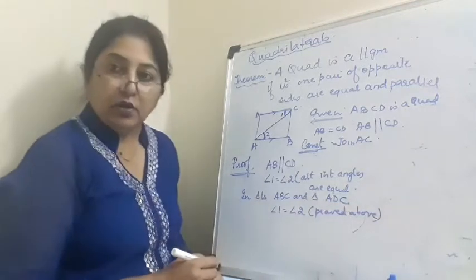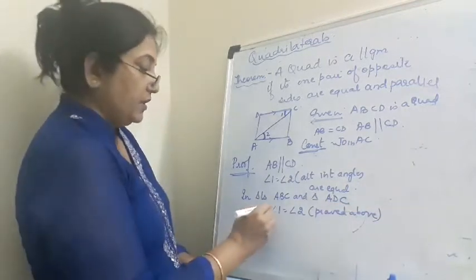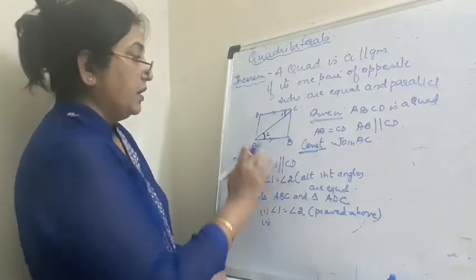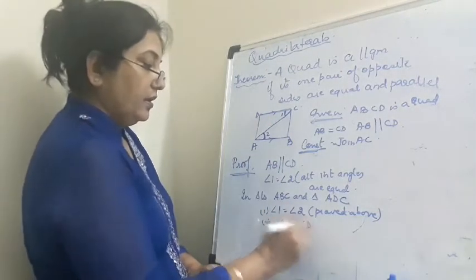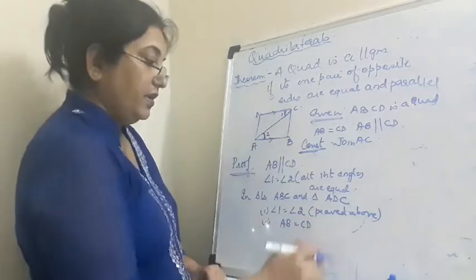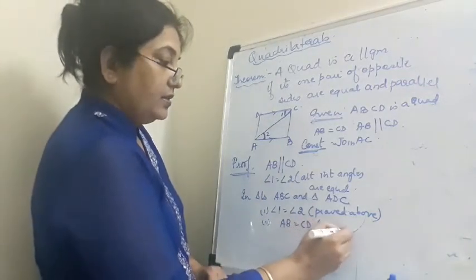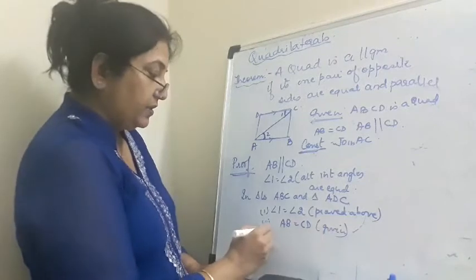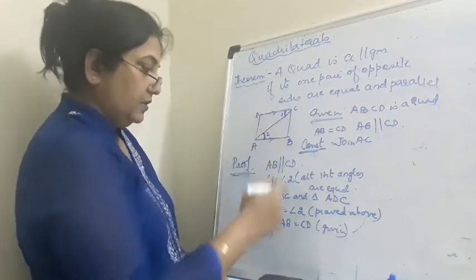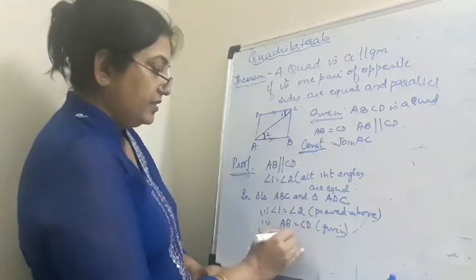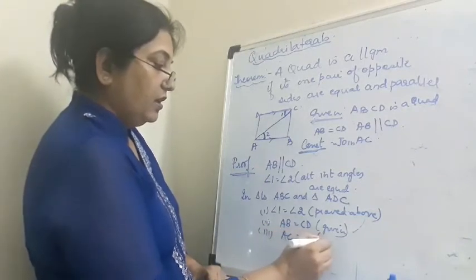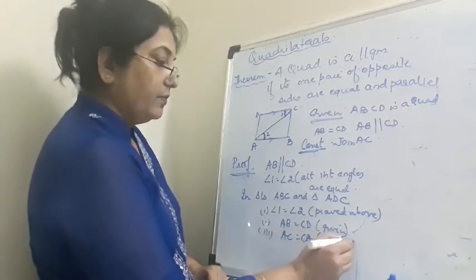We need three corresponding parts. First part, angle 1 equals angle 2. Second part, AB is equal to CD, because it is given. And the third part, which is understood from this figure, is that AC is equal to CA, which is the common side.